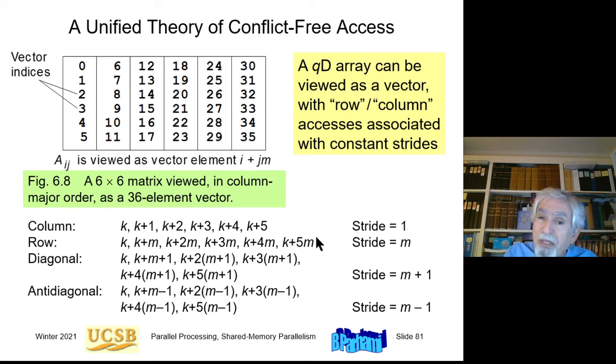Now, if the number of memory banks B is a prime number, then this is ensured, because 1 is relatively prime. Let's say the number of memory banks is 7. 1 is prime relative to 7. Any number m is prime relative to 7. Of course, if m is not 7.